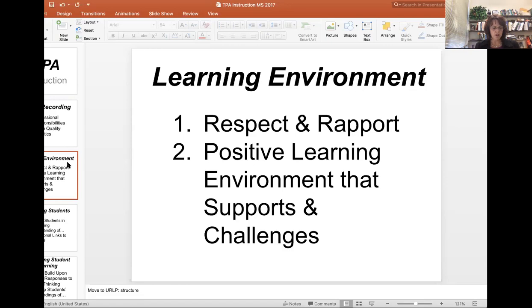So make sure, and it even says it in your handbook, to refer to scenes in the video where you provided a positive learning environment. And make sure that you explain how you demonstrated mutual respect for, rapport with, and responsiveness to students with varied needs and backgrounds, and challenged students to engage in learning. And definitely be specific.